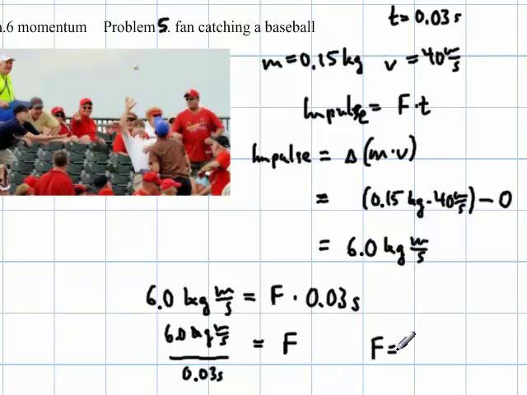Do that on your calculator and you do come up with 200, and then we would have kilograms meters per second per another second, which is the same as newtons, so 200 newtons, or in the neighborhood of 40 pounds. That's quite a force that the person catching the baseball has to exert in order to catch it.